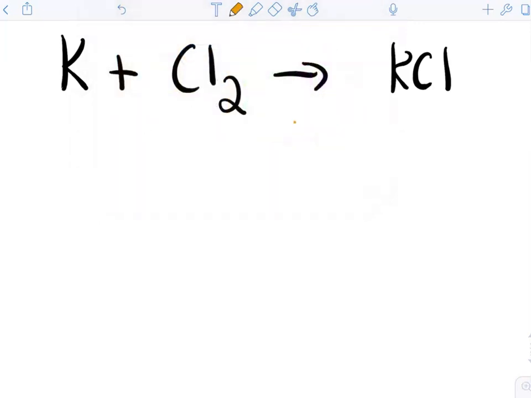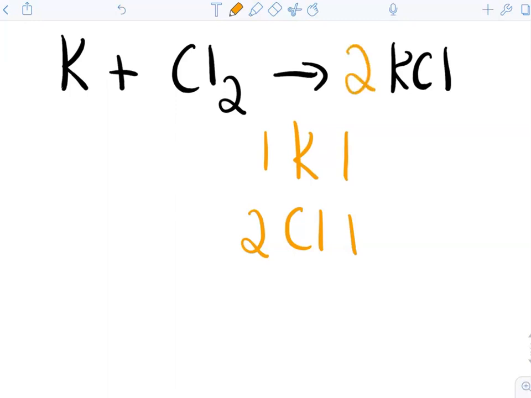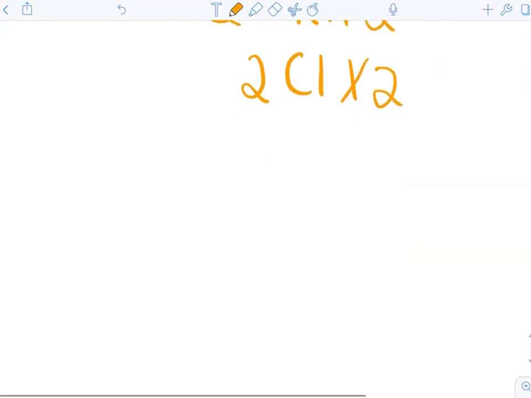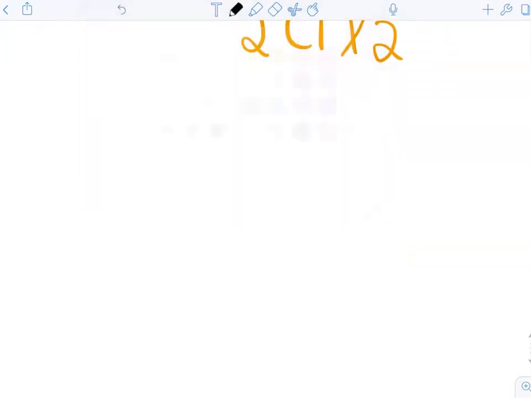So we list out our elements first, K and Cl. We have 1, we have 2, we have 1, and we have 1. Well, let's try and fix our Cls. So if we put a 2 there, 2 Cl, 2 K, then put a 2, and we are balanced. Okay, so now, don't forget, we have to tell the type.